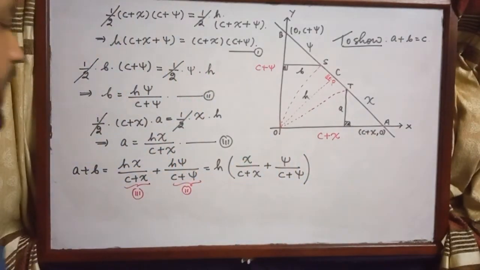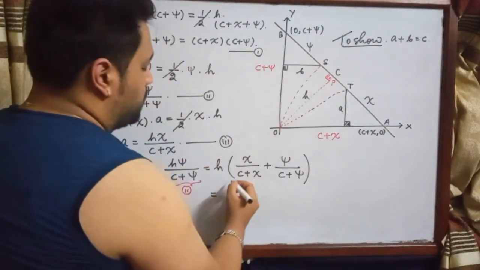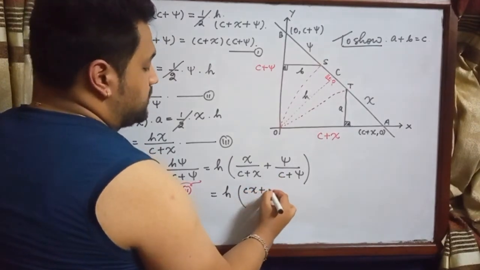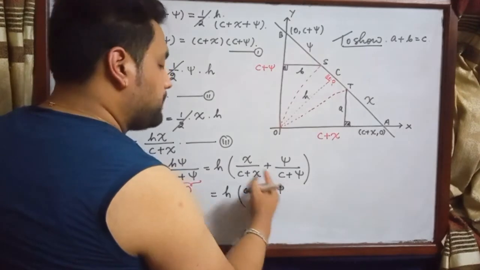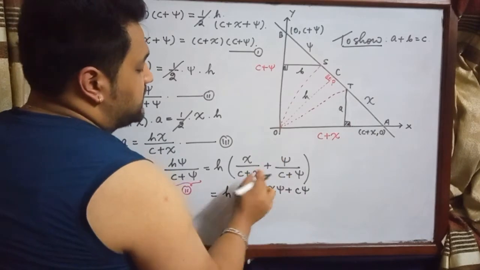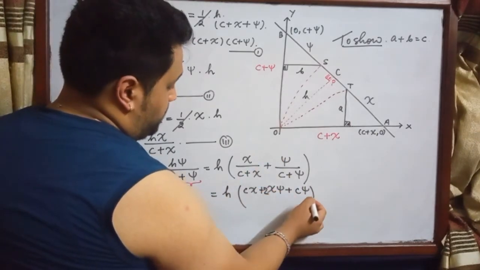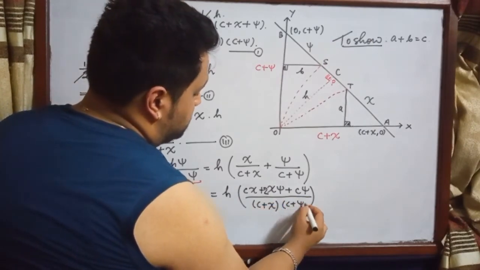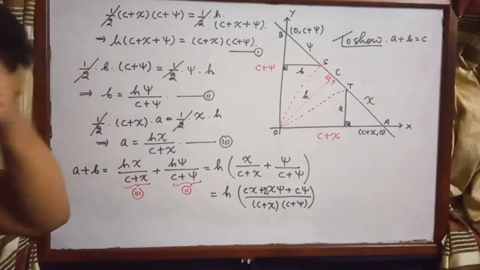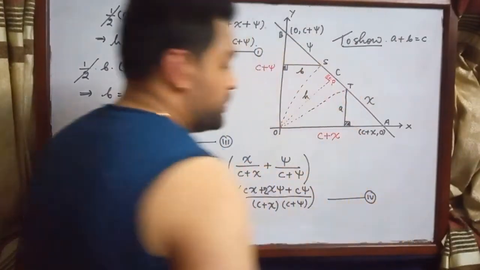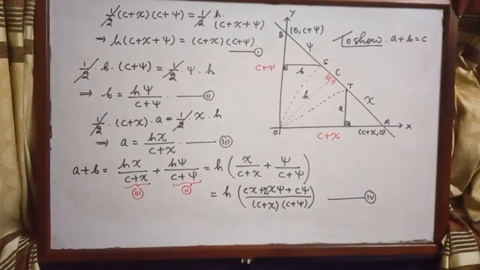This will be equal to h times c chi plus chi psi plus c psi plus again chi psi, meaning 2 chi psi, over c plus chi times c plus psi. Let's call it equation 4.